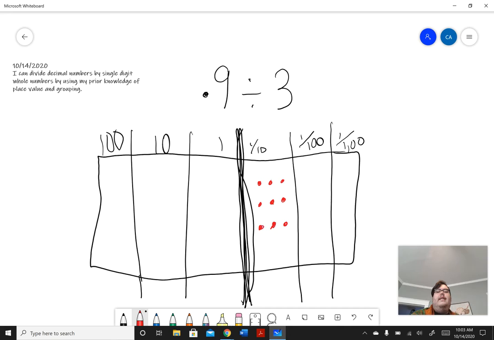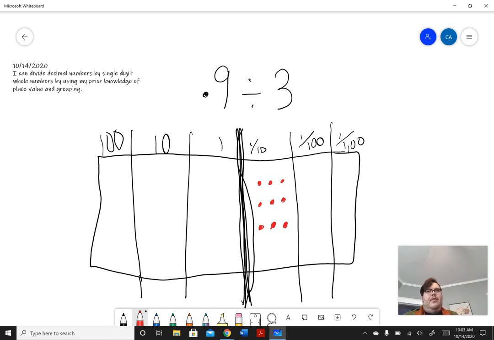Earlier I said that one of the prior things I wanted you to remember was that division is the opposite of multiplication, right? So one of the understandings that we have of multiplication is that we have groups of things when we're multiplying. If I had 3 times 7, that's the same thing as saying I have 3 groups of 7 or 3 copies of 7.